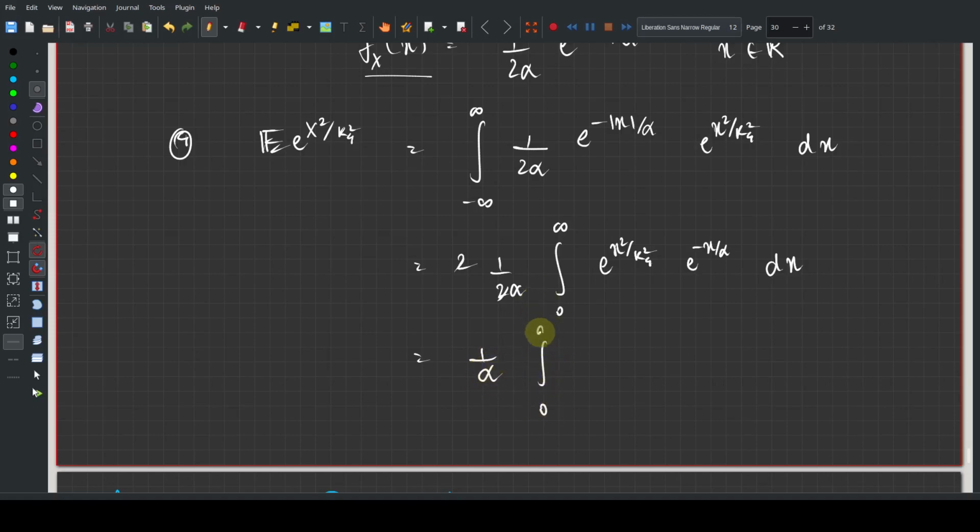This is integral 0 to infinity e raised to x square by k4 square minus x by alpha plus something else.